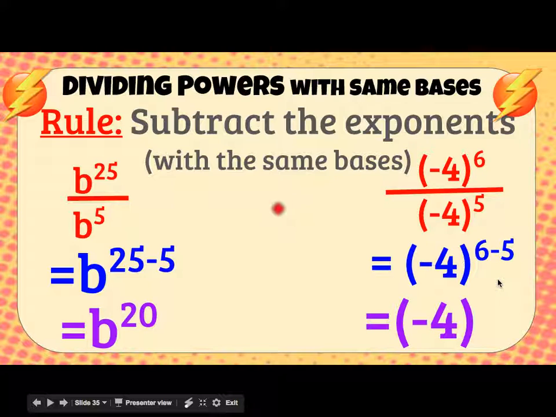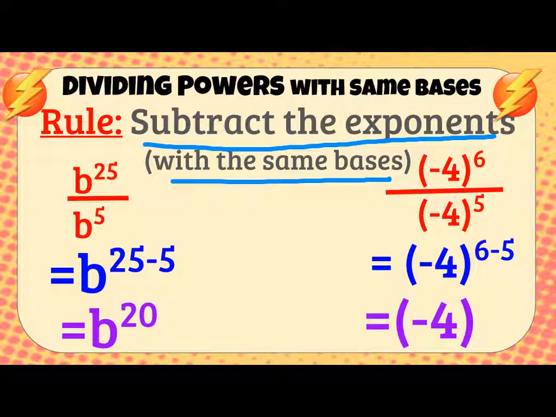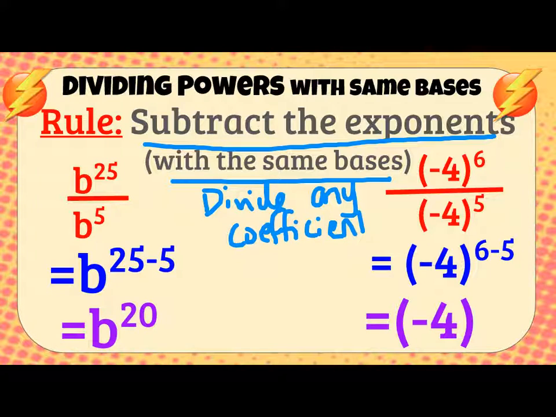The rule itself is: subtract the exponents with the same bases. Okay, and divide any coefficients as well. So how do we do that? We're really subtracting our exponents. b to the 25th minus 5 gives me b to the 20th.